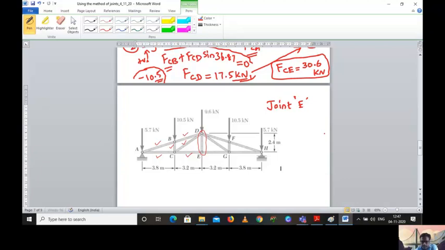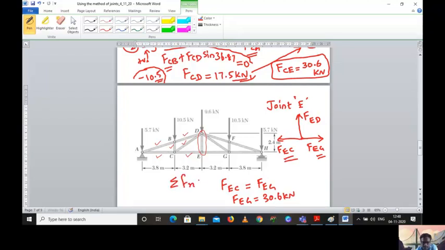Once you take this joint E, you know that one vertical member force is there, that is FED, and then you have FEG and FEC. These two are equal, and we already got the value. FEC is equal to FEG, and the FEG value is 30.6 kilonewton, positive as per our formula.